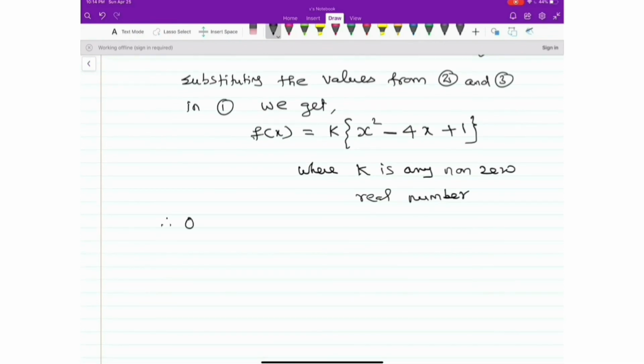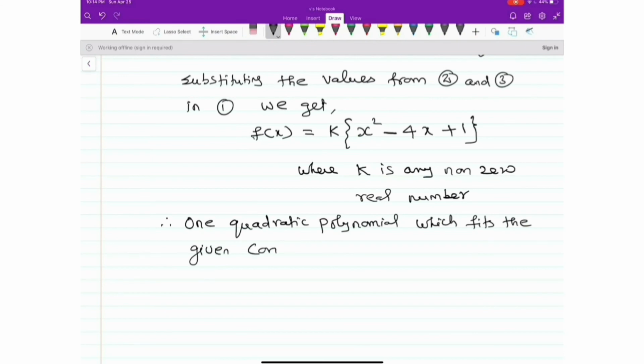Therefore, one quadratic polynomial which fits the given conditions is f of x is equal to, I told you, just write this polynomial.